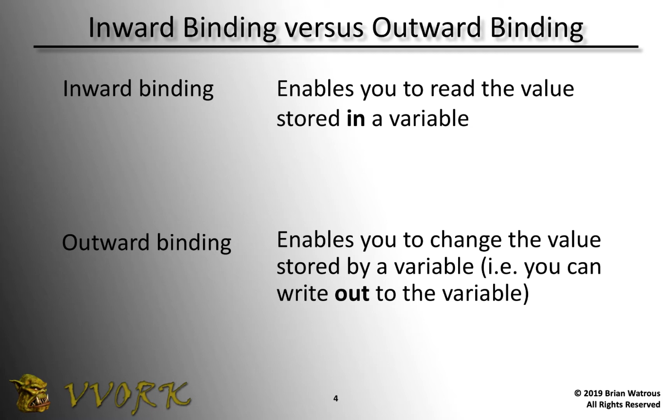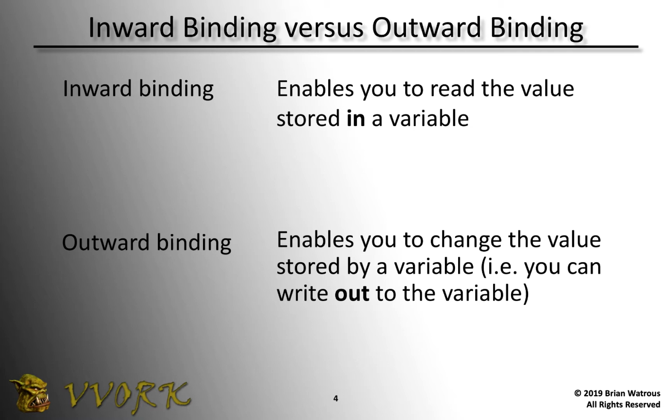Now again, quick reminder here, in vRealize Orchestrator, you need to perform something known as parameter binding, or sometimes called variable binding. That involves explicitly setting up bindings to input parameters, output parameters, and/or attributes. Those bindings can either be inward bindings or outward bindings.